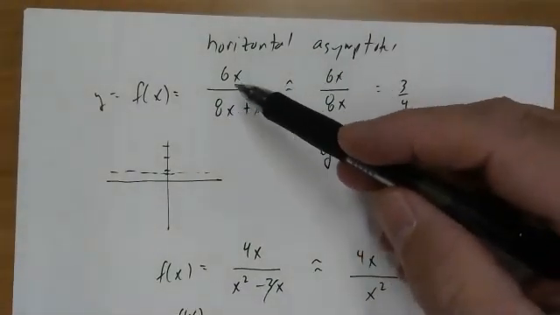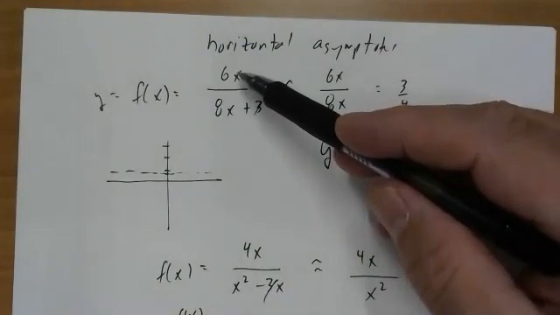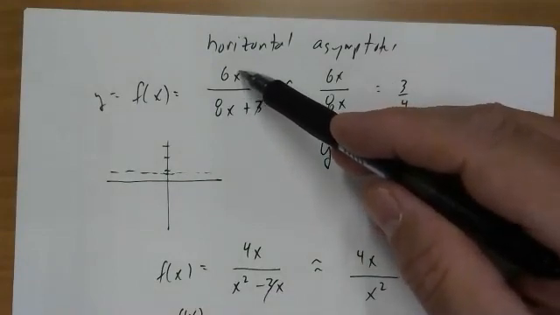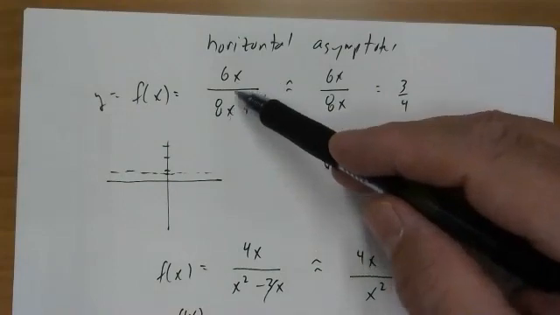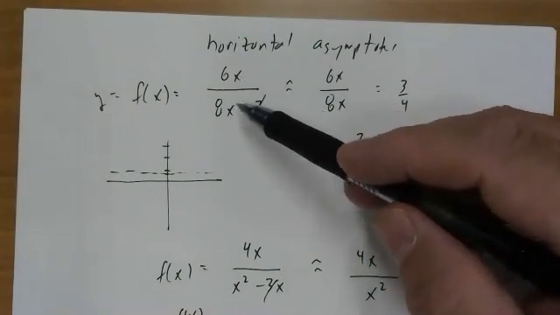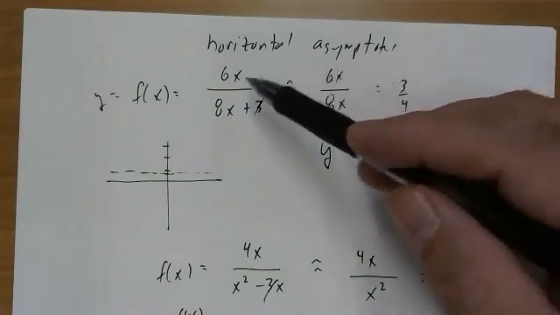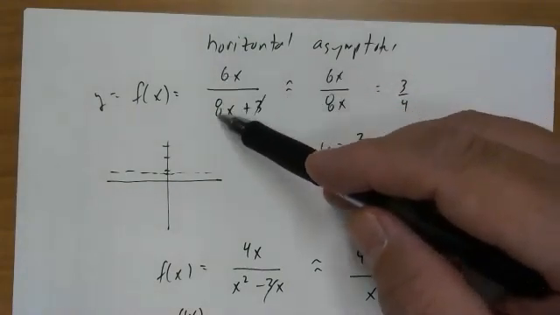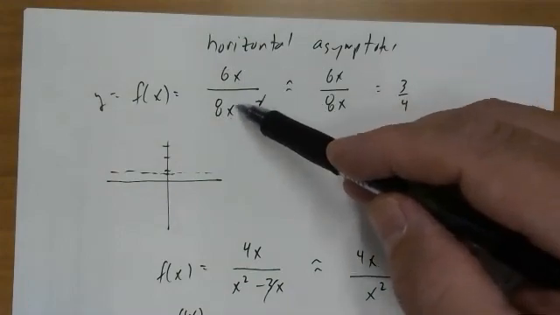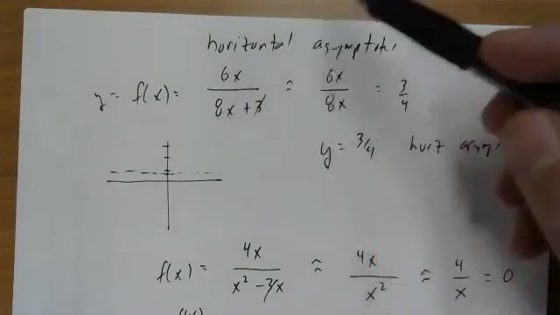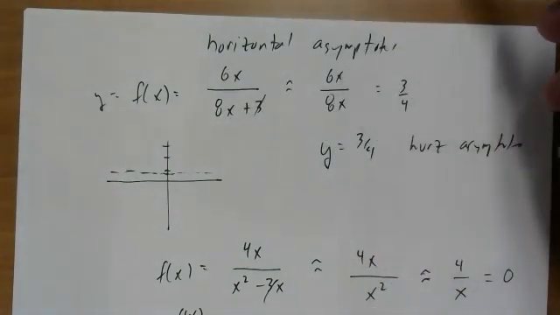So it's interesting, you can see a trend with the first example. You notice the leading terms, x and x, were the same exponents top and bottom. Turns out the horizontal asymptote is just the ratio of these coefficients. Since the variables cancel out, the ratio of the coefficients is 3/4.